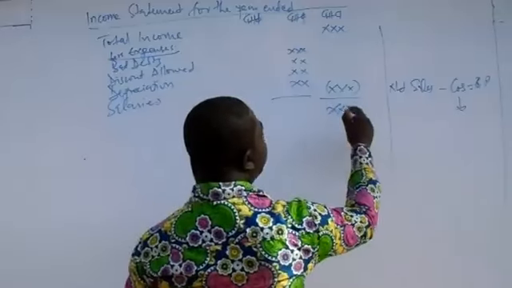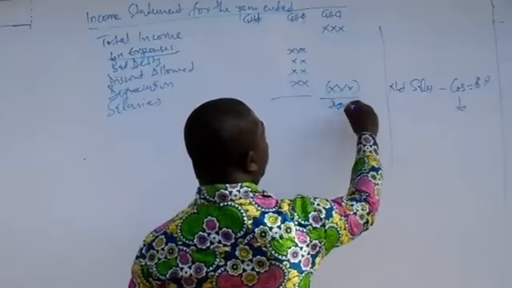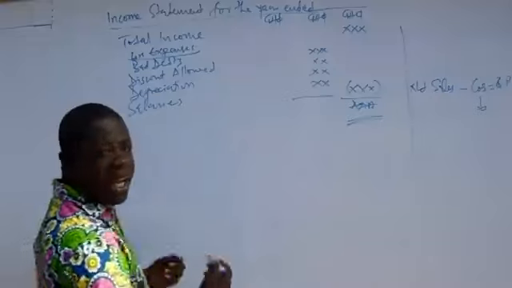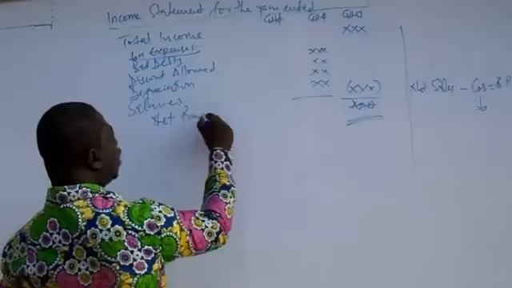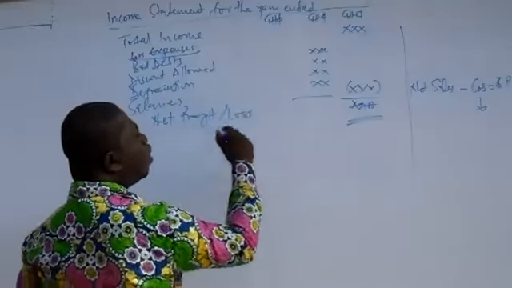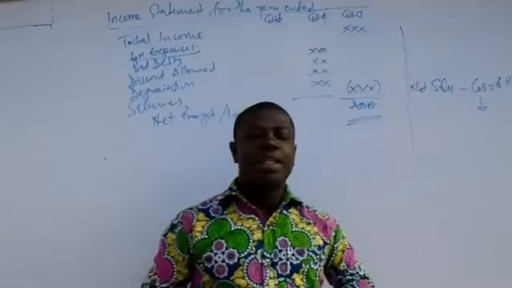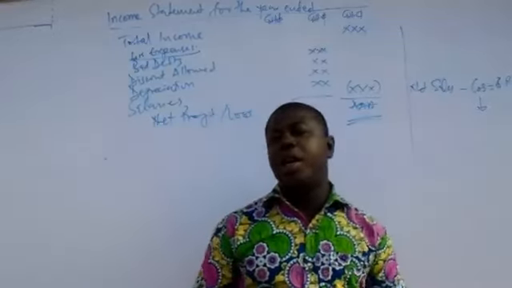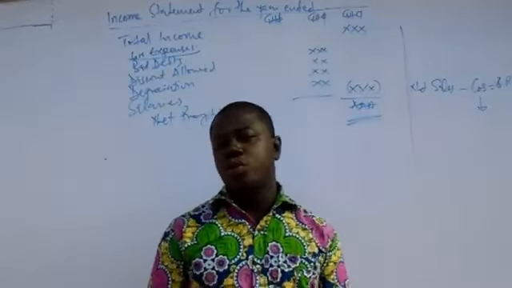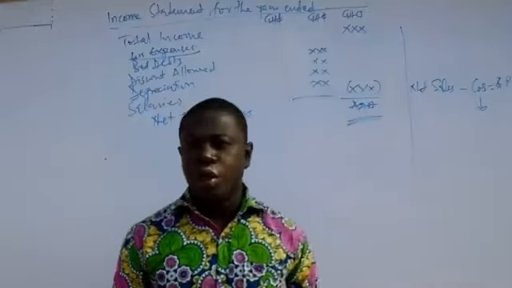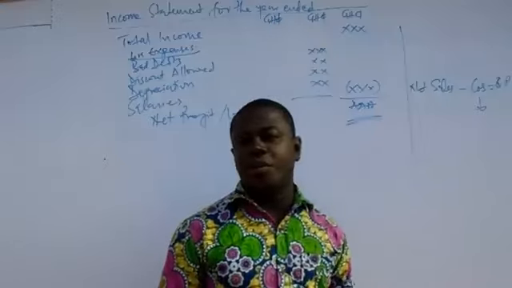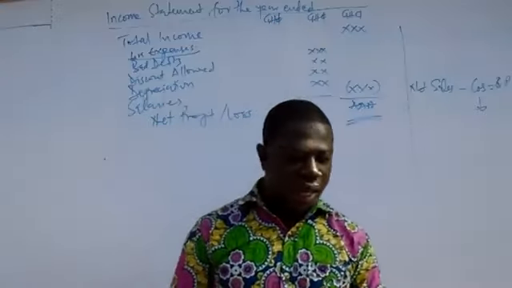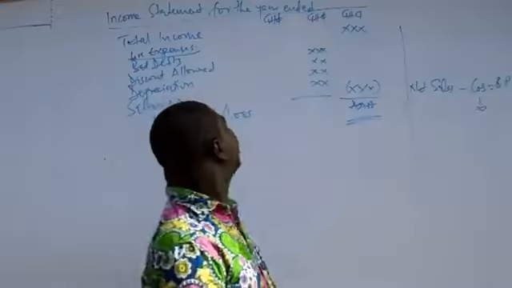And once we subtract our total expenses from the total income, we have our net profit or loss for the period. Ladies and gentlemen, this is how a typical income statement for the sole trader will look like. Okay, and so the next thing that we are going to do is look at the statement of financial position, or what we call the balance sheet for the sole trader.